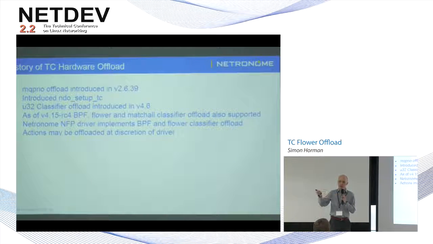For all elements of the rule, it can decide whether or not it wants to offload it. So it may choose to reject. For instance, the Netronome driver, if it gets a request to offload the U32 classifier, which it doesn't support, just rejects it. If it gets a request to offload something which it otherwise likes, but it's using an action it doesn't support yet, it rejects it. I'll get a little bit more onto this flow in the following slides.